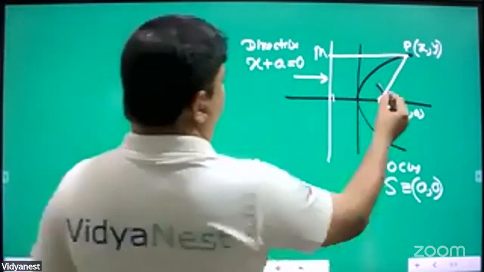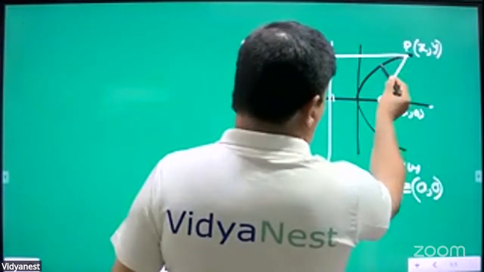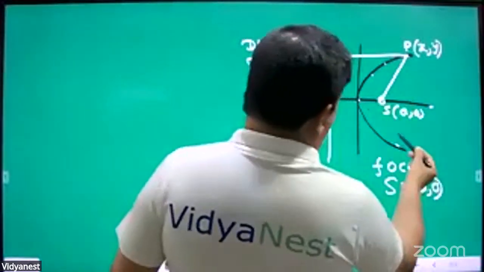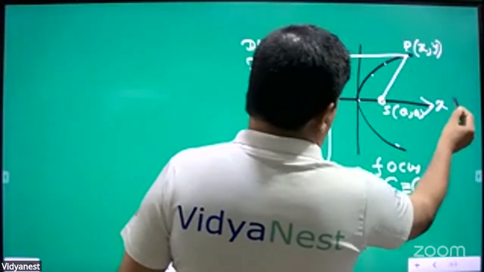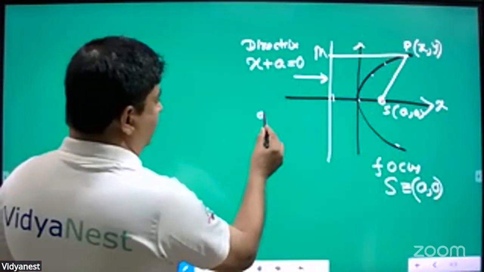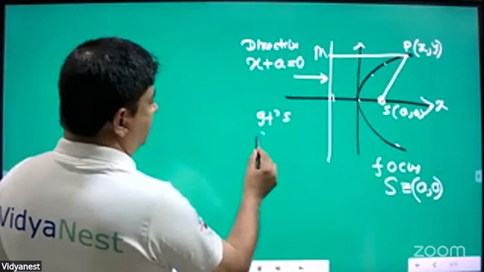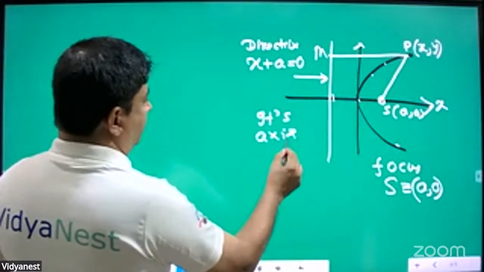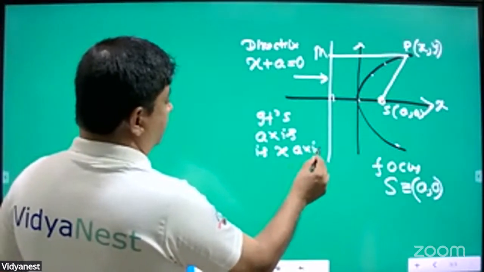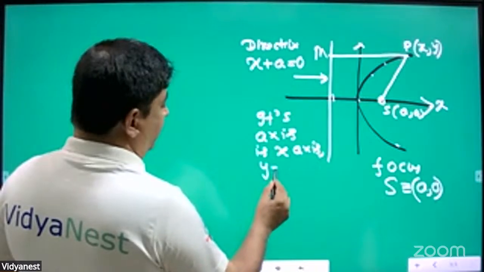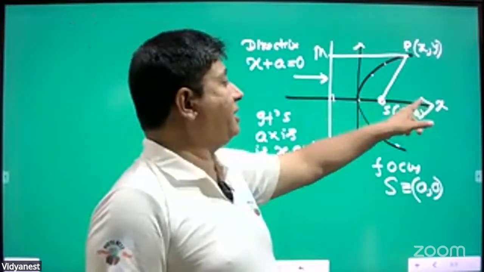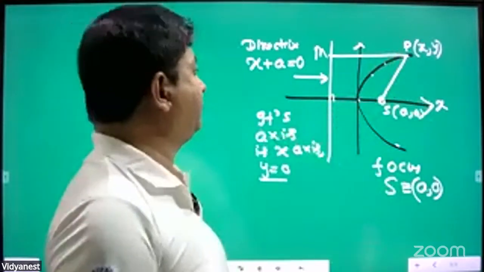Now you see this point is moving, and the curve is so formed with respect to which axis? X axis. So you can write its axis is x axis, whose equation is y is equal to 0. Okay. So with respect to the x axis, the curve is so formed.